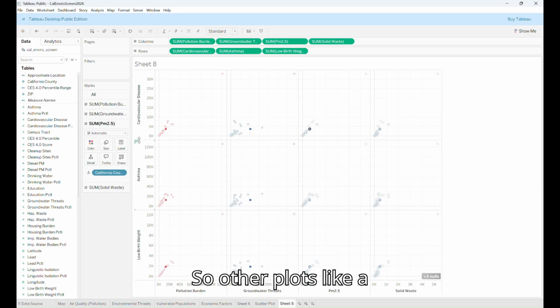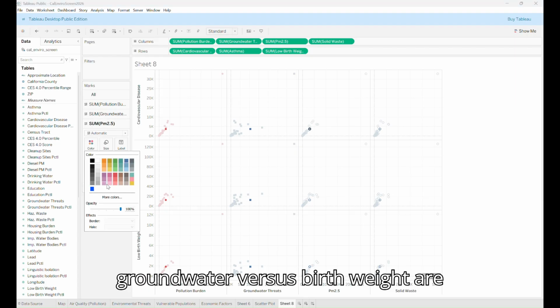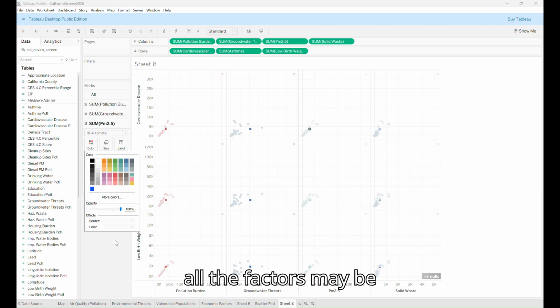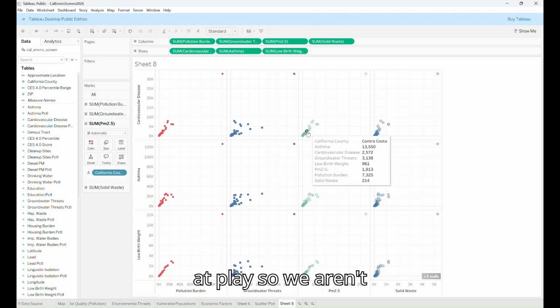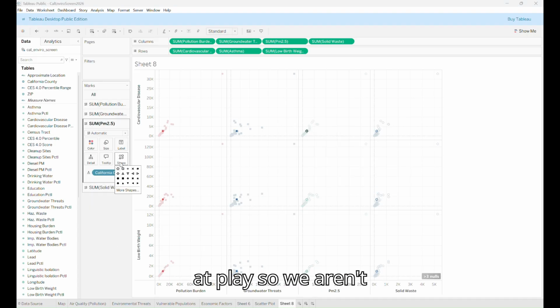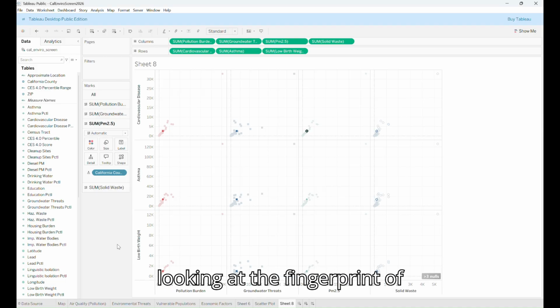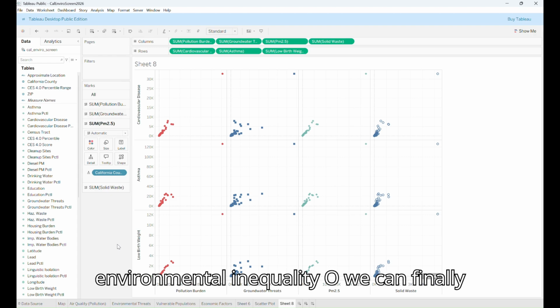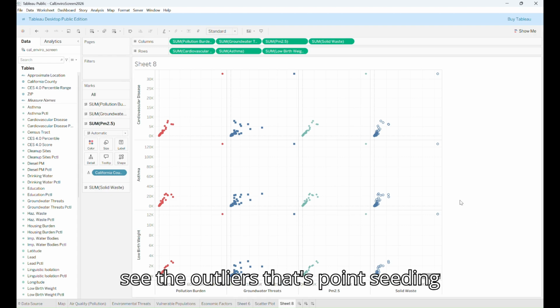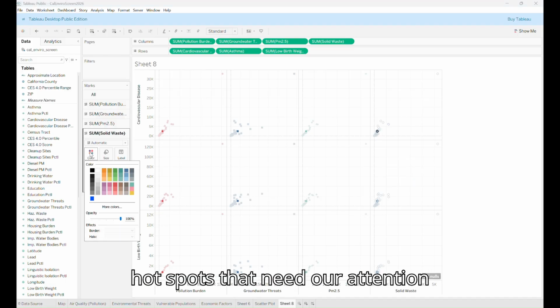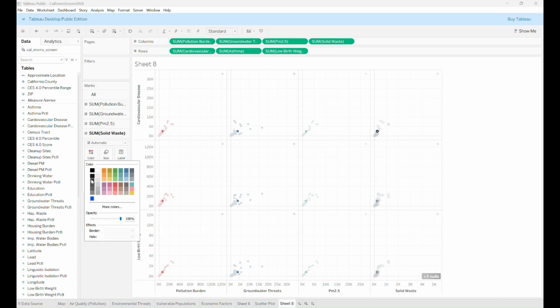Other plots, like groundwater versus birth weight, are more scattered, showing us where other factors may be at play. We aren't just looking at a chart, we're looking at the fingerprint of environmental inequality. We can finally see the outliers, those points sitting high above the rest, representing the hotspots that need our attention most.